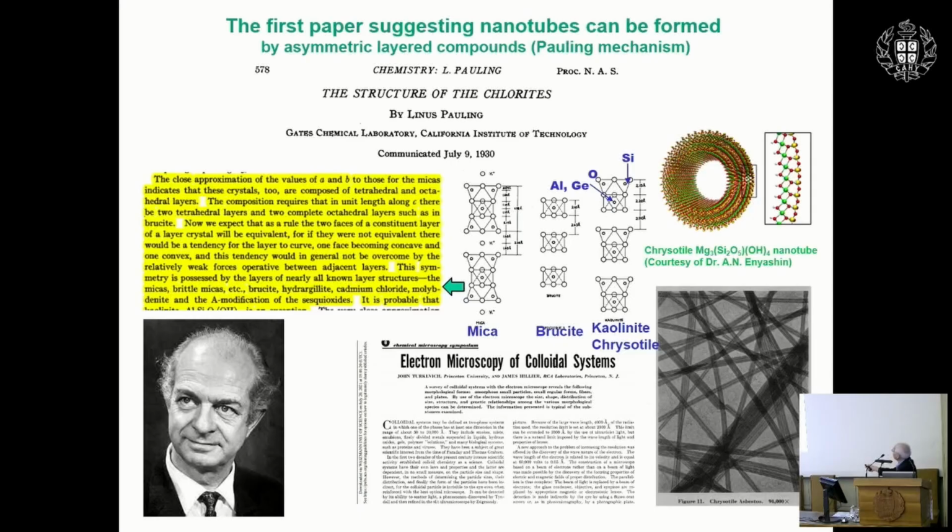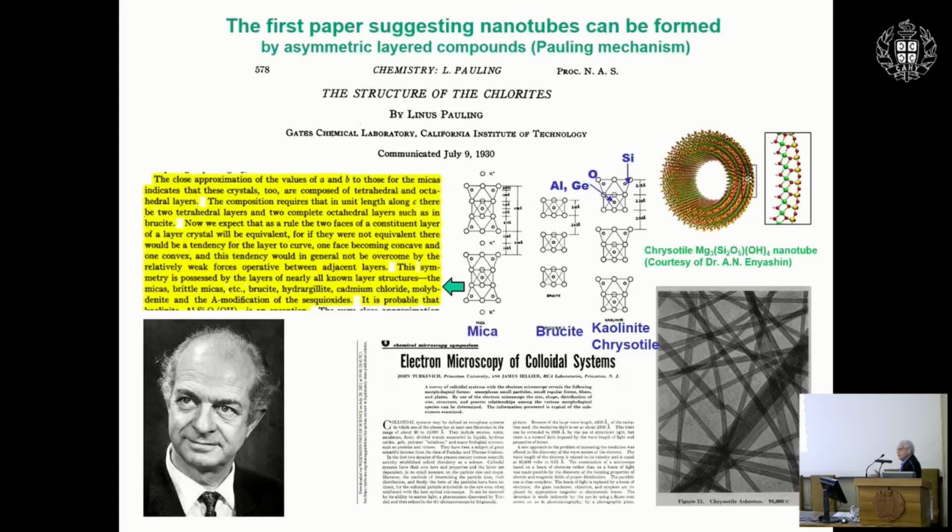They have a silica or oxygen structure, oxygen bonded to silicon in the middle, and the lower ones are octahedra of magnesium or aluminum. These are kaolinite or chrysotile, and due to this asymmetry, they tend to bend and form nanotubes.